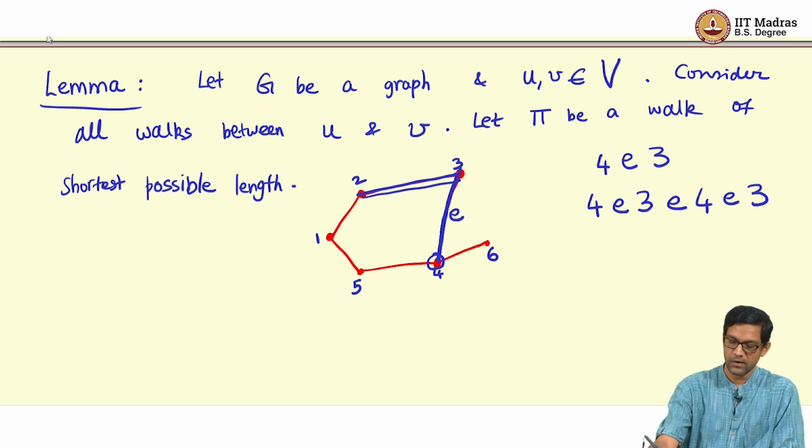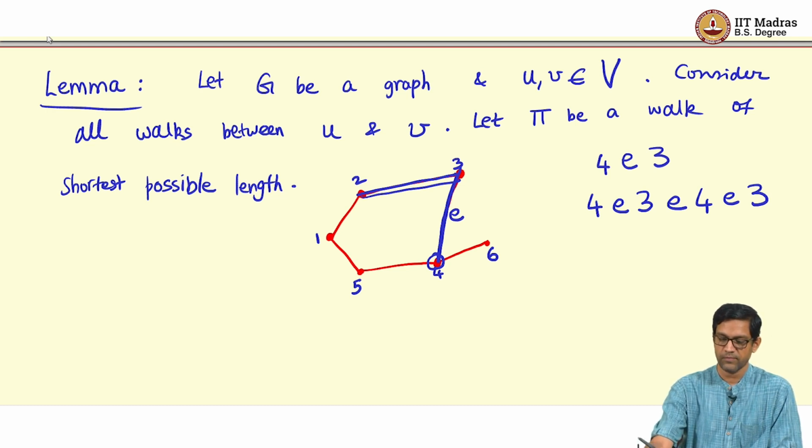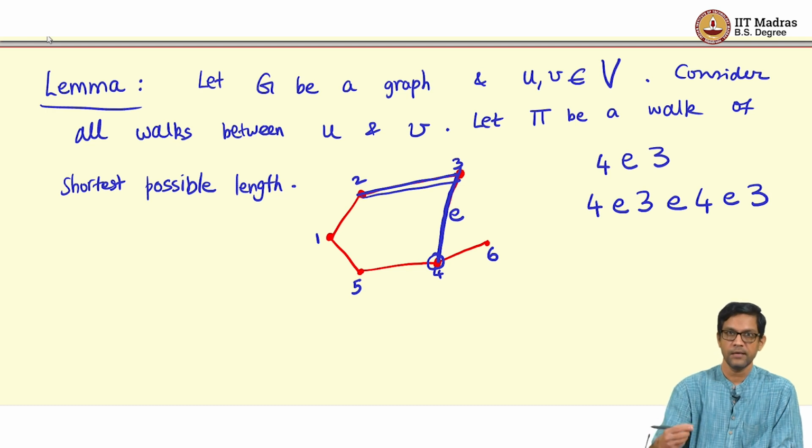In this case, what is the smallest length to go from 4 to 3? Well, it is just length 1. You just travel along E and you can reach from 4 to 3, and that is the smallest possible length you can have among all possible paths. Okay.